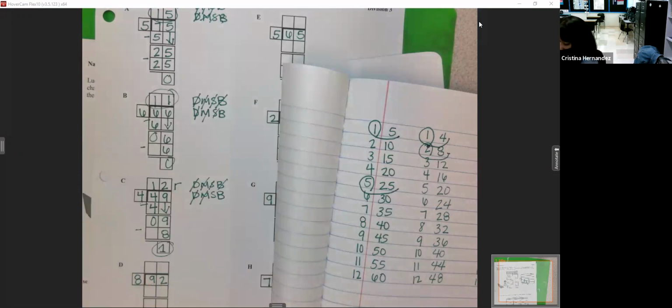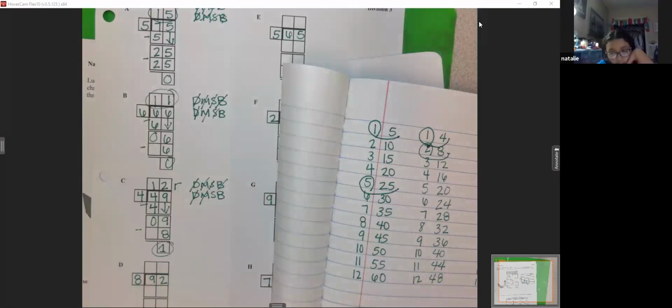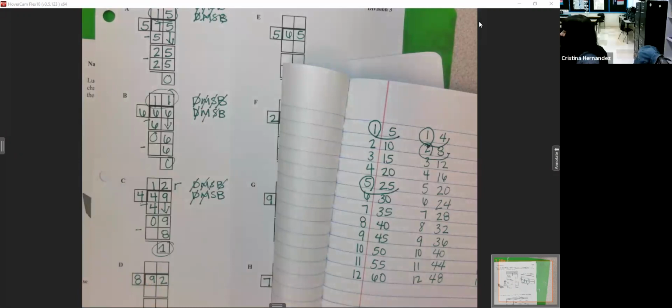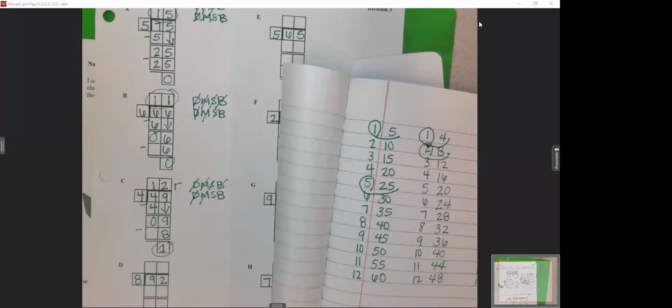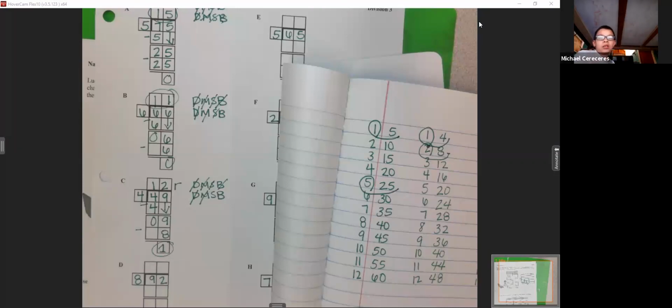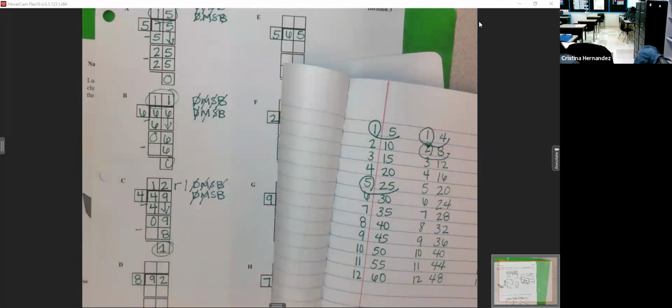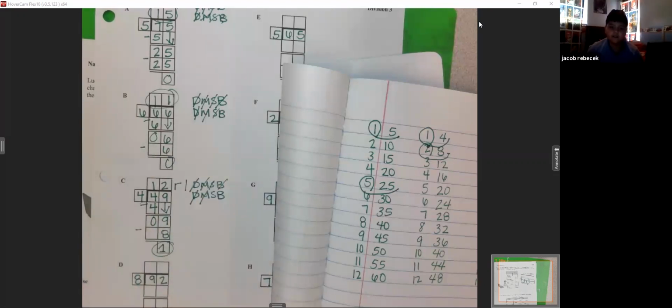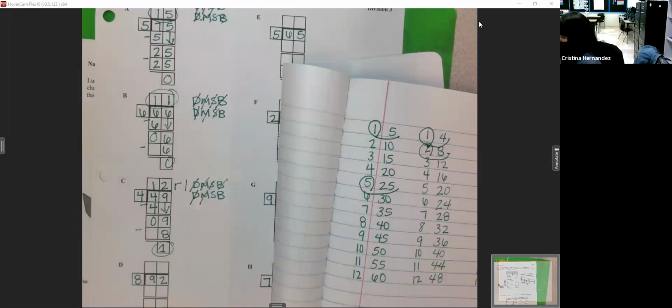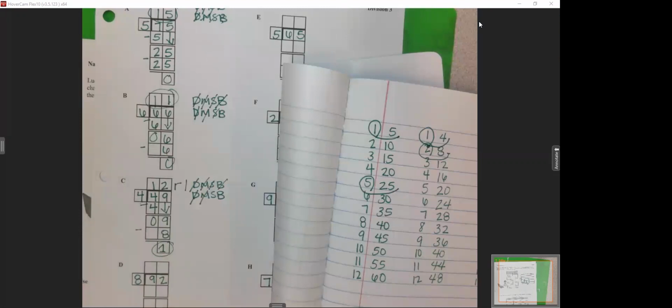Let's see who can remember this. What does the R stand for? Remainder. Yes. R1. So 12 remainder 1. It's a remainder.